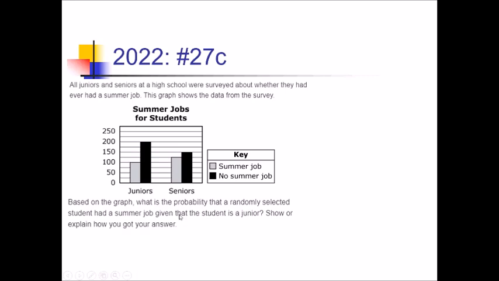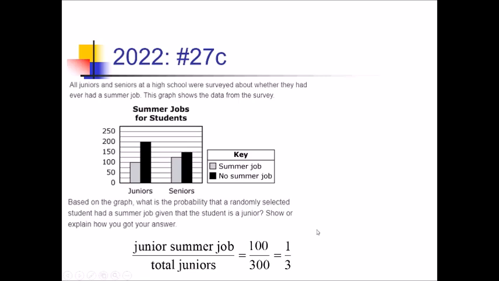So when we do this, we're still doing summer job juniors for our numerator, but now we have to divide that by just the total number of juniors, because we're not allowed to even think about the seniors. They don't even exist for this problem. So for total juniors, that would be 100 plus 200, total of 300 juniors. And the summer job ones, again, were 100. We've used that a couple times now. And you could reduce that to 1/3 if you wanted.